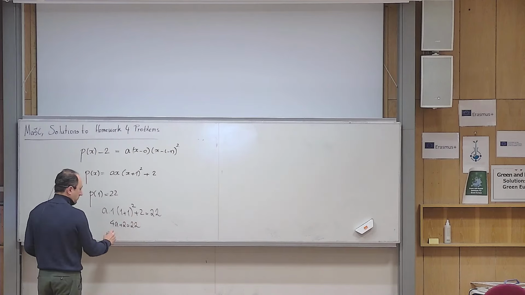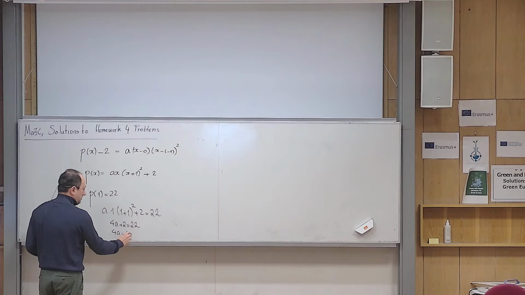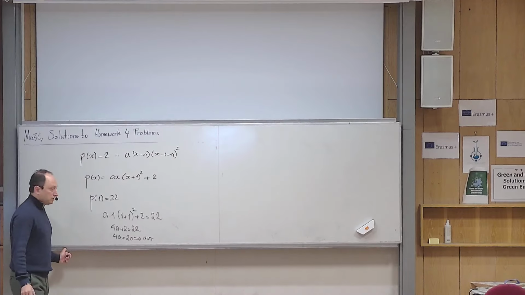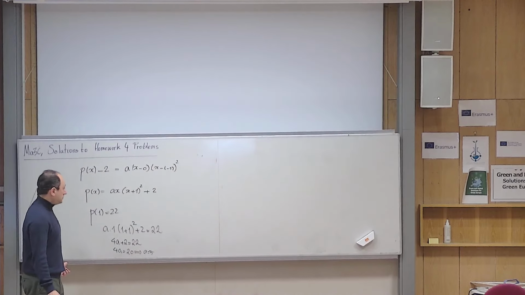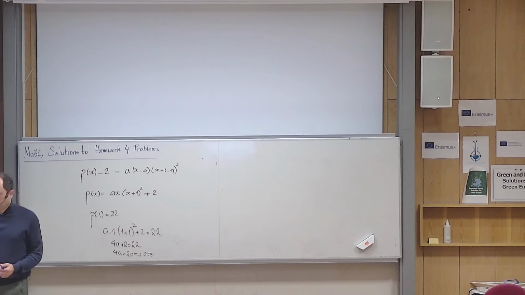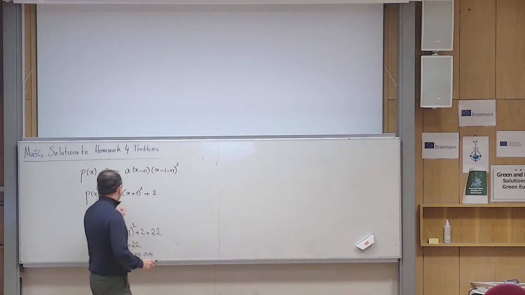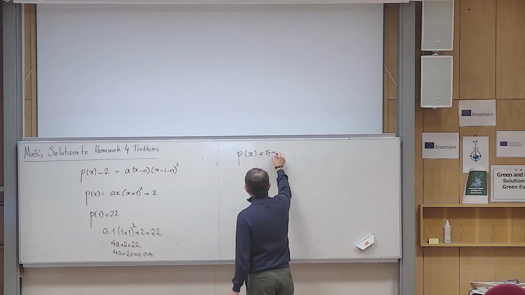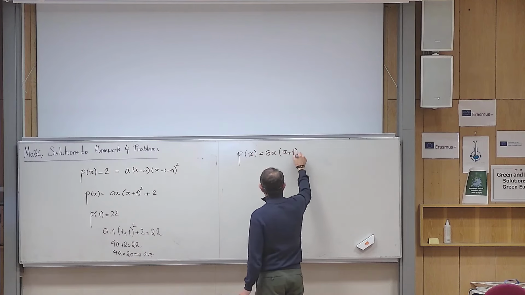And then what is a? 4a is 20, a is 5. Okay? But what I want in the problem is to write it in the standard form. So you put 5 there. So P of x becomes 5x times (x plus 1) squared plus 2.